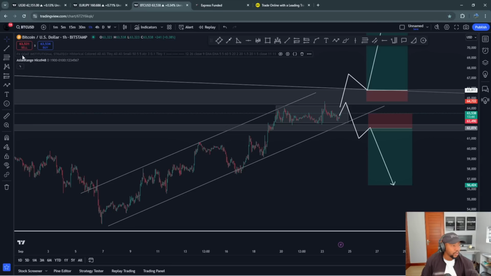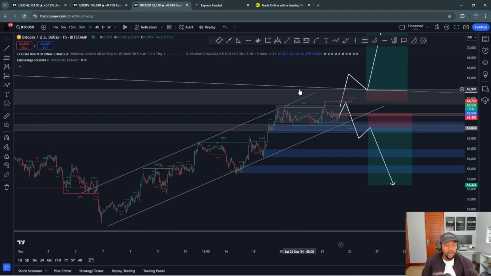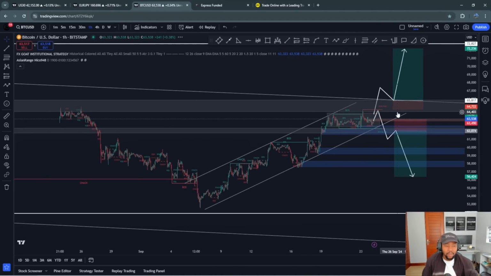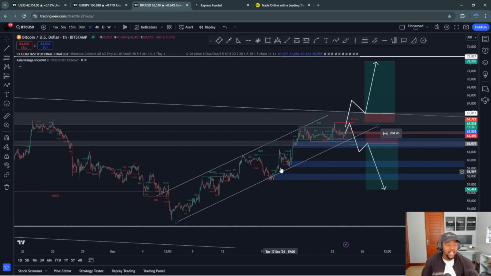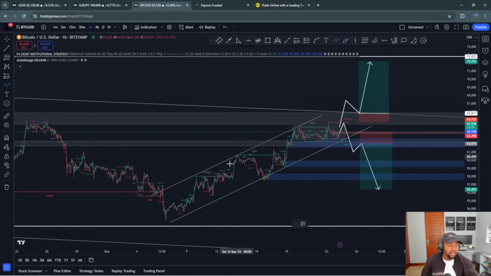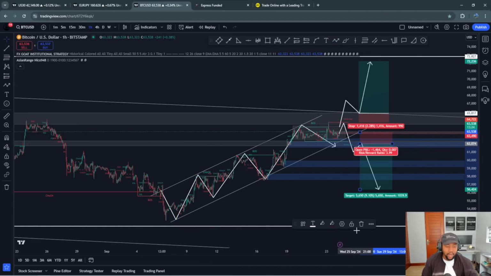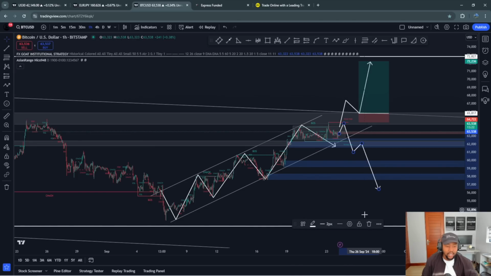Let's switch on the 4.0 to just see which one is most probable. Guys, it does seem that buys are most probable, mainly because we have bullish order blocks coming in, indicating that the buyers' momentum is stronger than the selling momentum. You can see over here we are having a ranging movement, and a break above means that we are continuing with buys all the way towards the upside.